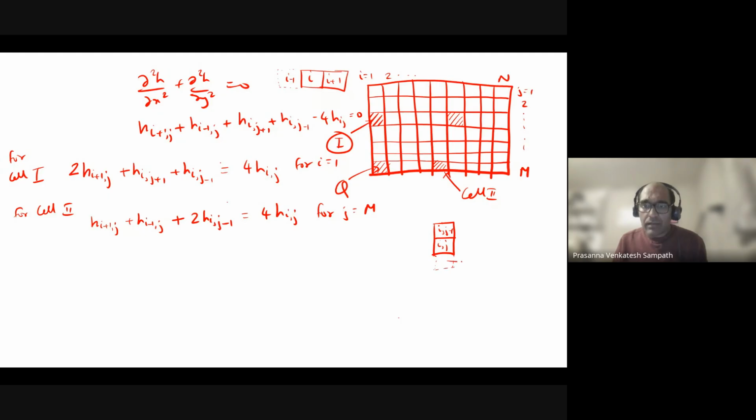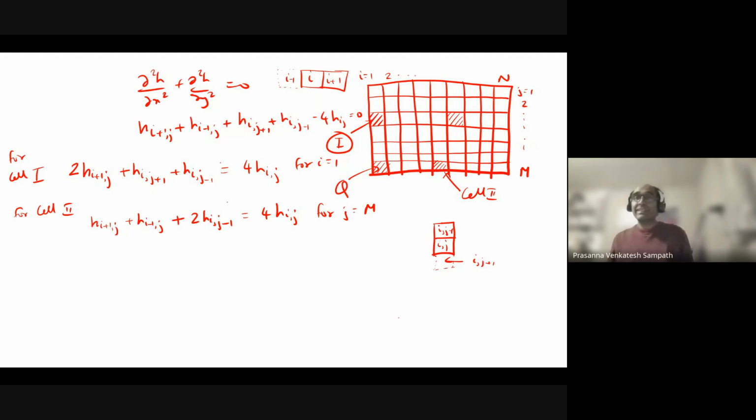This cell, i comma j plus 1 doesn't exist. But by the principle of symmetry, I know that the value in that must be the same as the value in the j minus 1th cell. And therefore, I simply write that equation, and that takes care of all the cells in row number M. And a similar approach accounted for all the cells in column number 1.